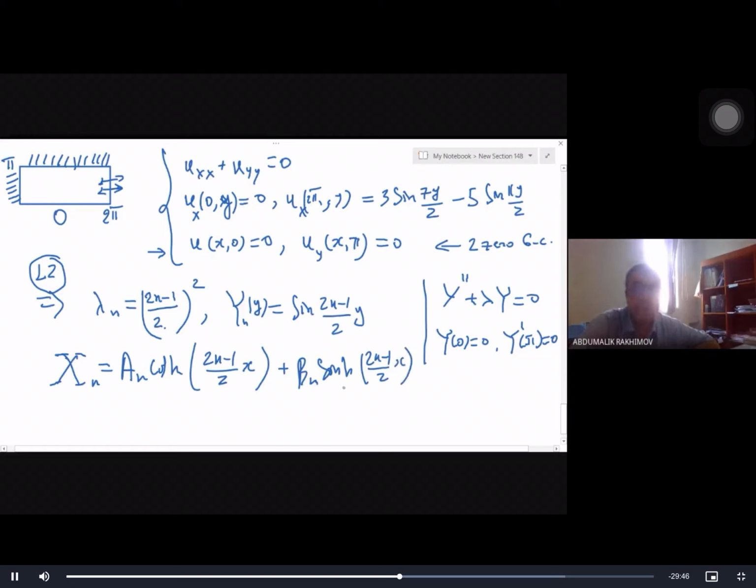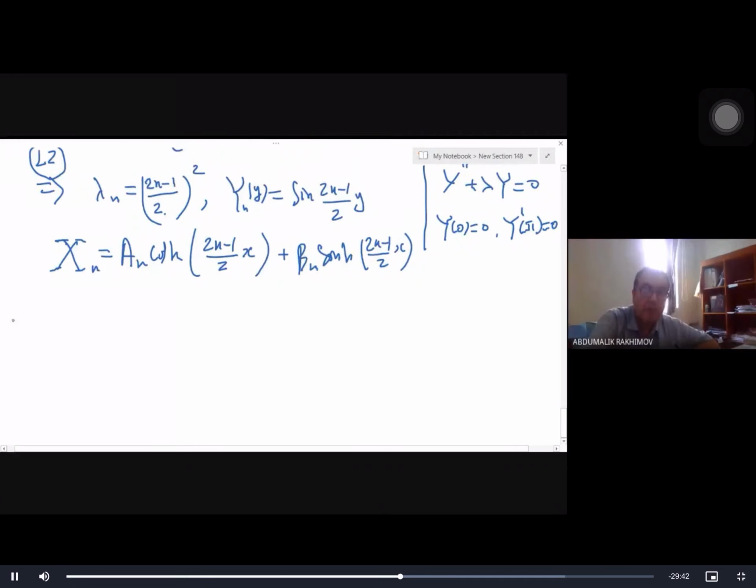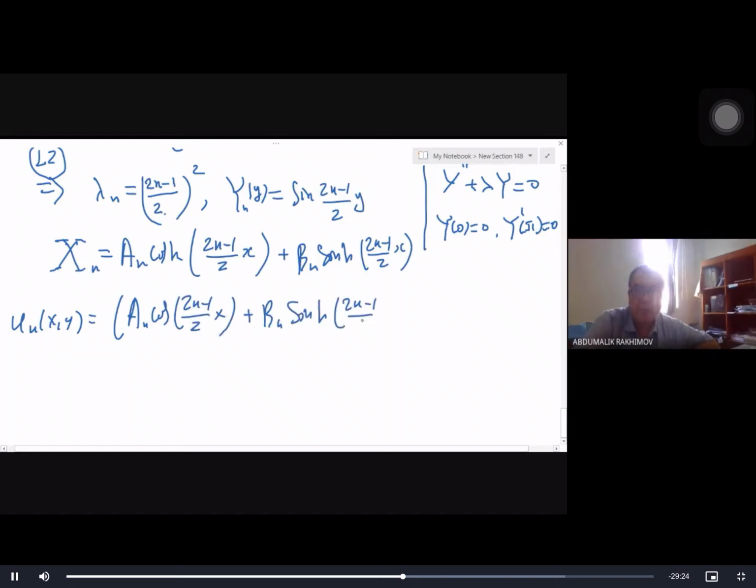Now I can write un at this stage: un of x,y is equal to xn, an cosine hyperbolic 2n minus 1 over 2 x plus bn sine hyperbolic 2n minus 1 over 2 x, times yn, which is sine 2n minus 1 over 2 y.